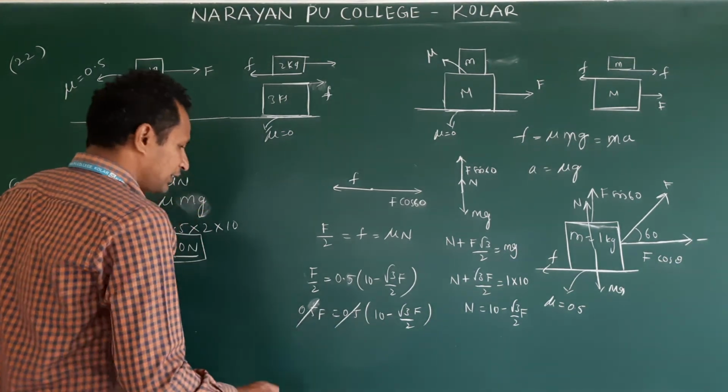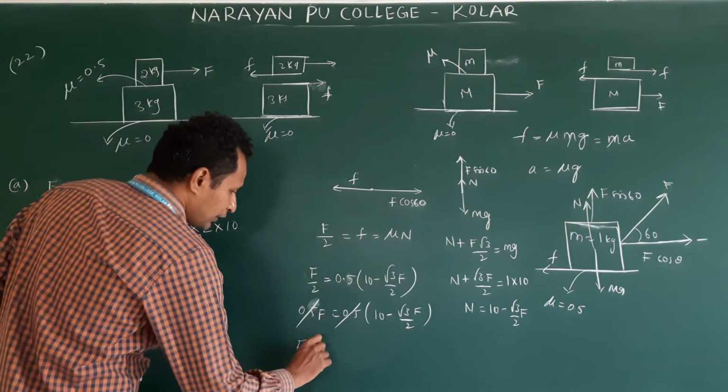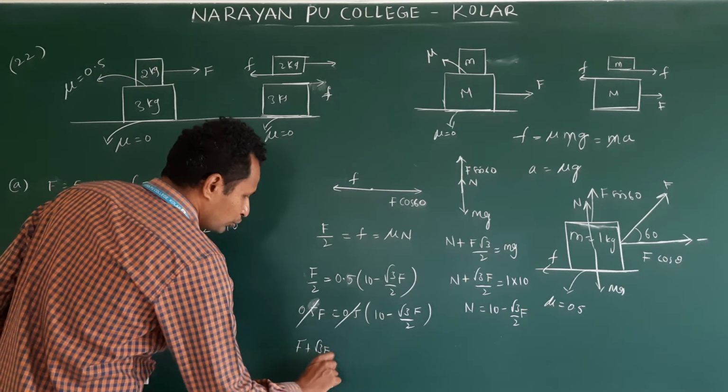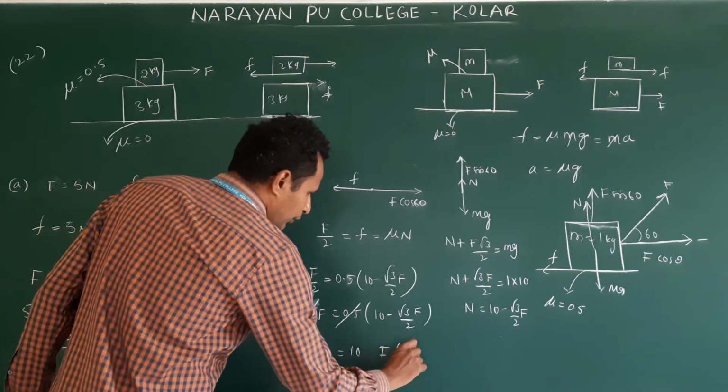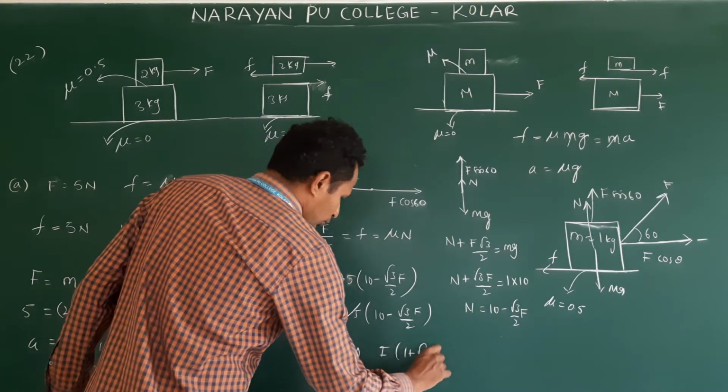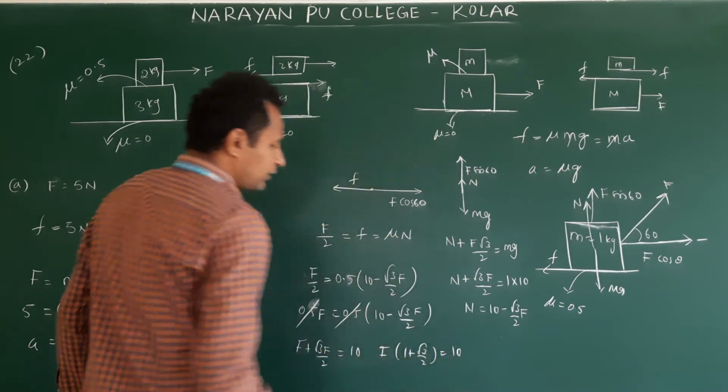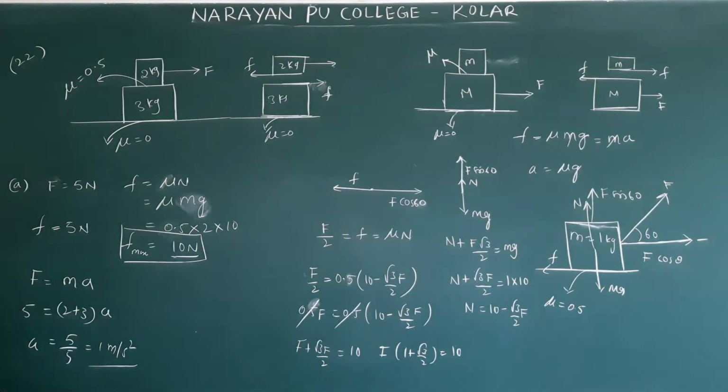So rearrange this: F plus root 3 F by 2 is equal to 10. F is common, so F times 1 plus root 3 by 2 is equal to 10. Solve it, you will get the answer. Clear?